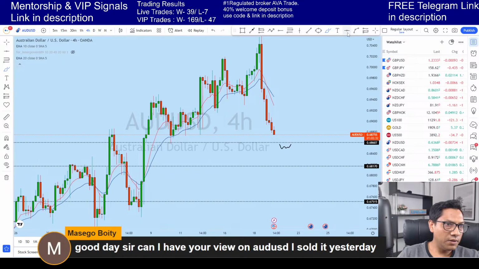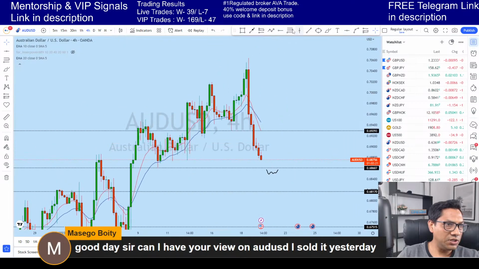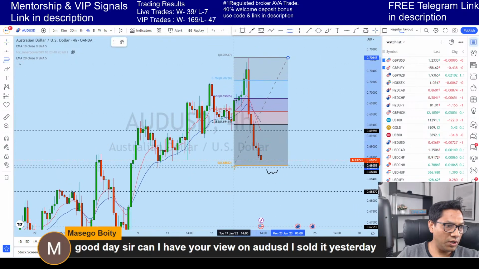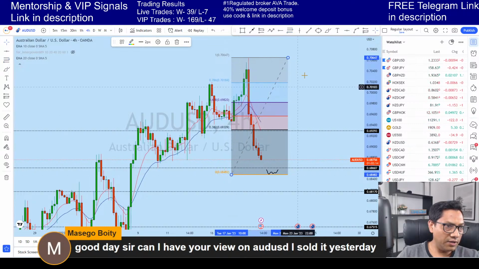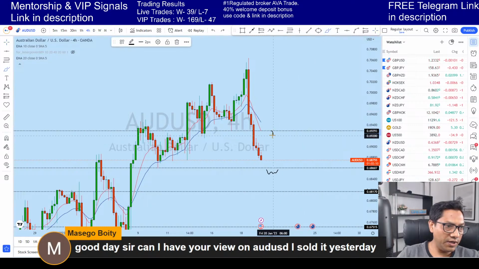This is the neckline of this structure, the support. If we take our Fibonacci from the start of this move to the end of the move, let's say it comes here, around 38.2% Fibonacci, and from that zone we could see AUD USD coming back down again.